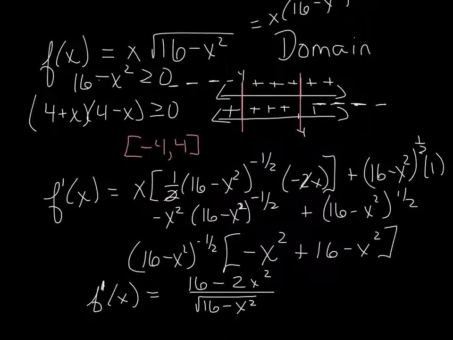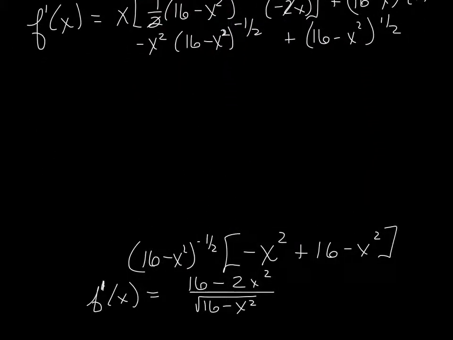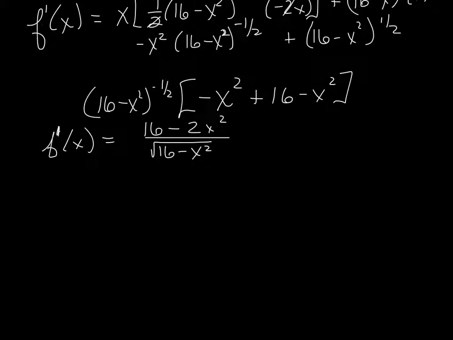I need to find my critical numbers, and critical numbers occur where the derivative is 0 or does not exist on the interval. So where is this derivative going to be equal to 0? If I'm finding where it's equal to 0, I'm only worried about the numerator.